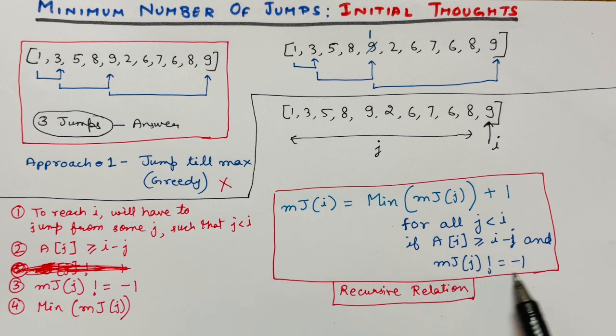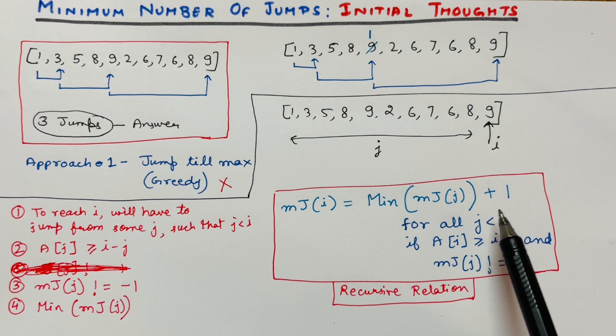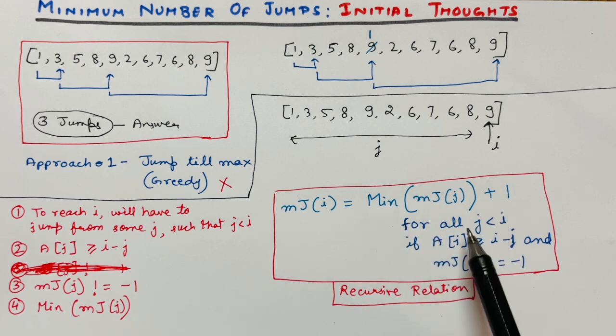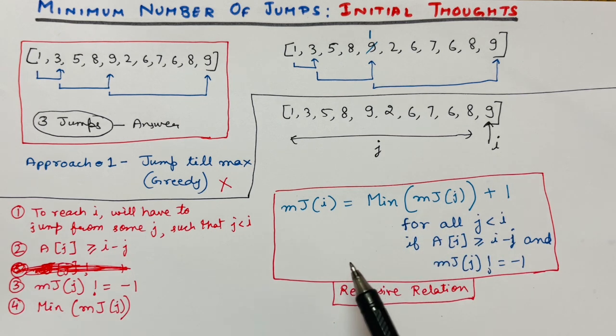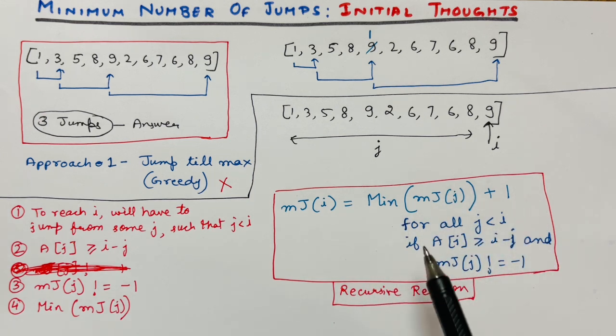That means j is reachable. For all such eligible j's, we will check what is the answer for reaching j. What are the minimum jumps required to reach j? And that +1 is our possible number of jumps to reach i. But since we are looking for the minimum, we will take the minimum of such values, and that will be our answer. So this is our recursive relation.